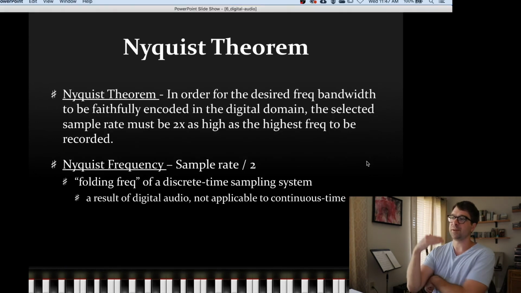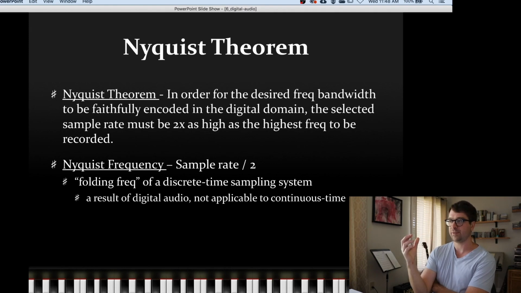So in order to prevent these sampling errors, in audio we have what's called the Nyquist theorem. Go ahead and read the Nyquist theorem. It says that the sample rate has to be twice as high as the highest frequency to be recorded. If you know what the human range of hearing is, which you should, then you know what the Nyquist theorem says.